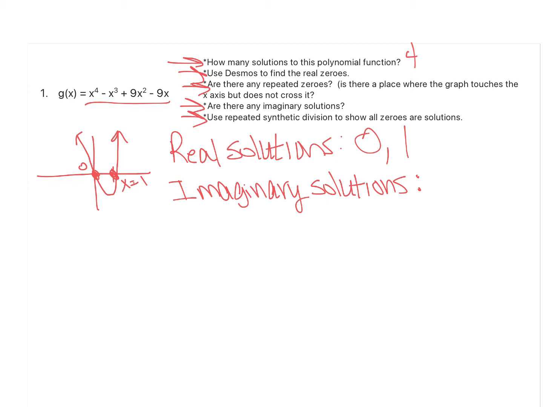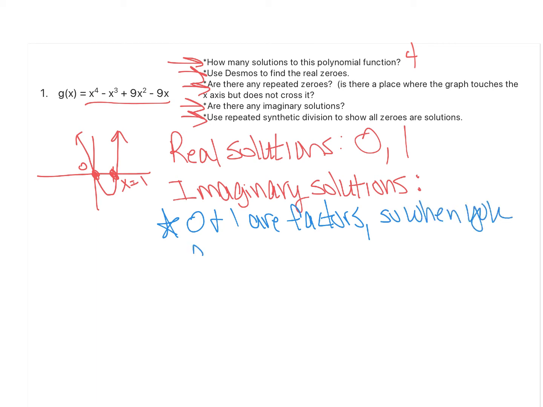Okay, so the way that that works, here's a key thing, is that 0 and 1 are 2 real solutions. 0 and 1 are factors of the polynomial. So when you divide, there will be no remainder.